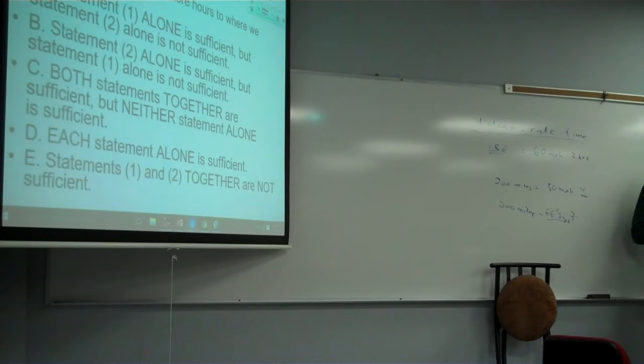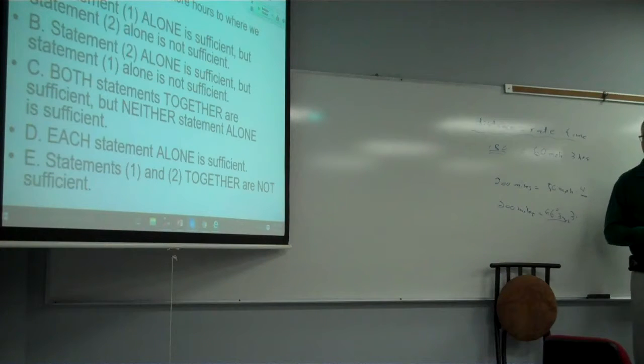What about 2? If 2 is all we have, we go in 3 hours, we come back in 3 hours. Does that give us enough information to figure out how far we went? The answer is no. So 2 is not sufficient, but 1 was, and so A is the correct answer.